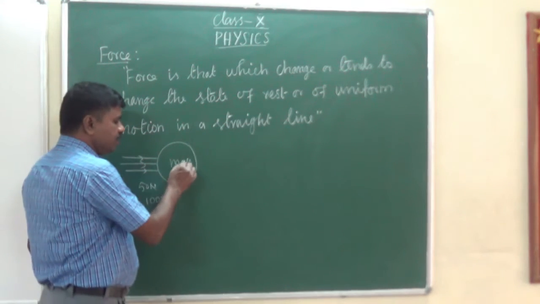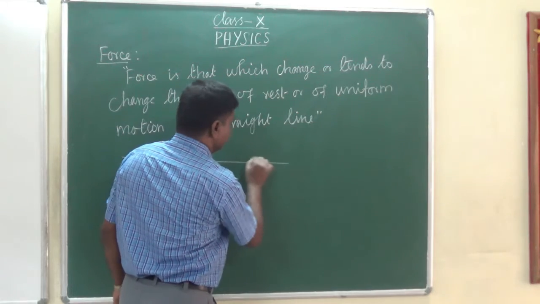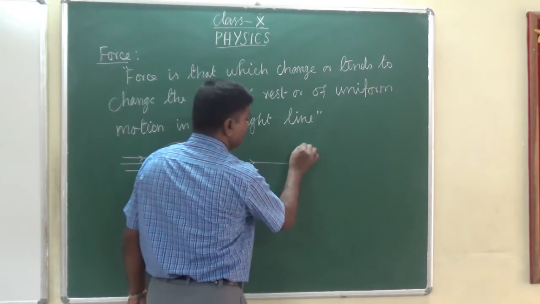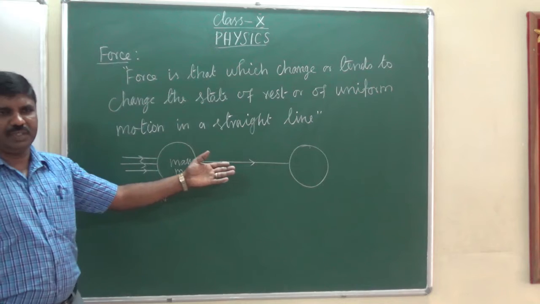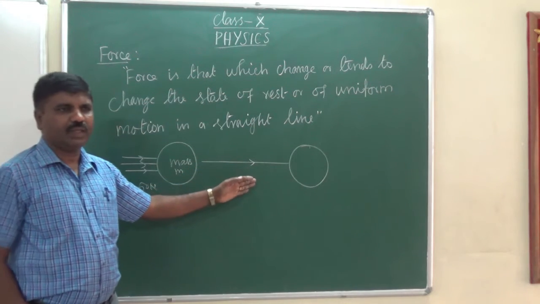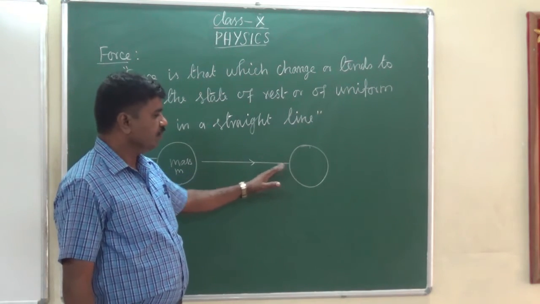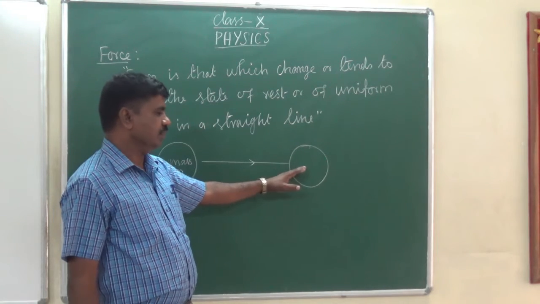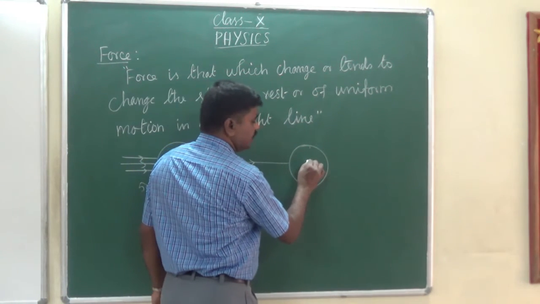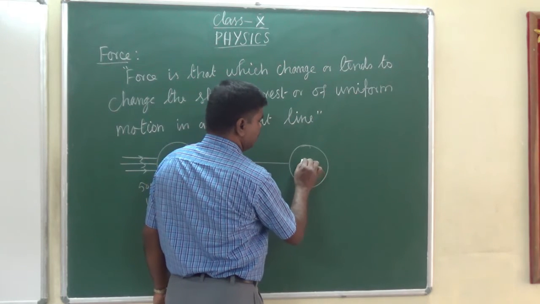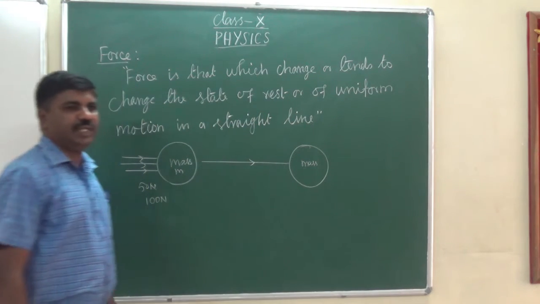When we are applying the external force on the object, it can move in a straight line from one place to another place. It changes its position. Some distance is covered, that is nothing but displacement. The same mass is moving with a uniform velocity.